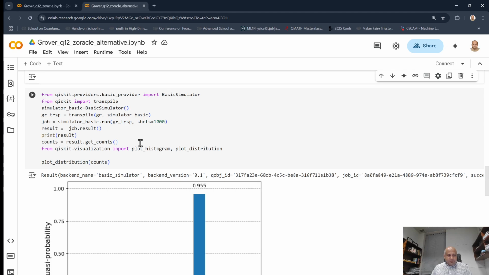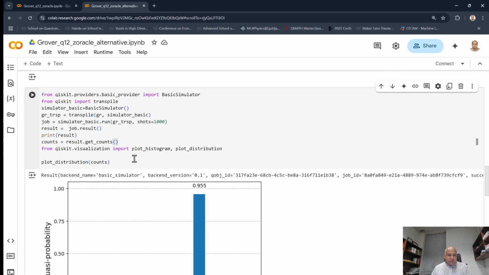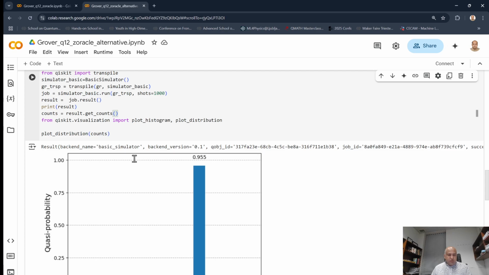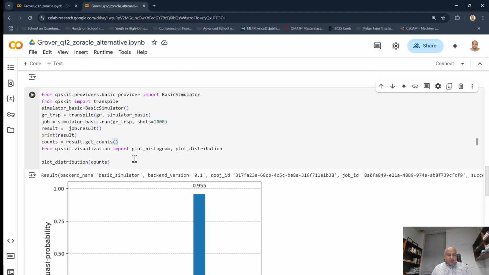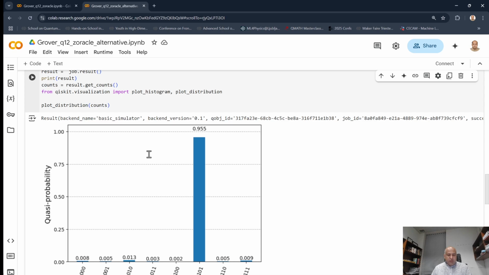And now I submitted the job to the simulator, and here I'm using the basic simulator, but you can also use the Aer simulator as we have done in the previous notebooks. And you see the state 101 that was marked by the UF operator is showing up with a very high probability as expected.